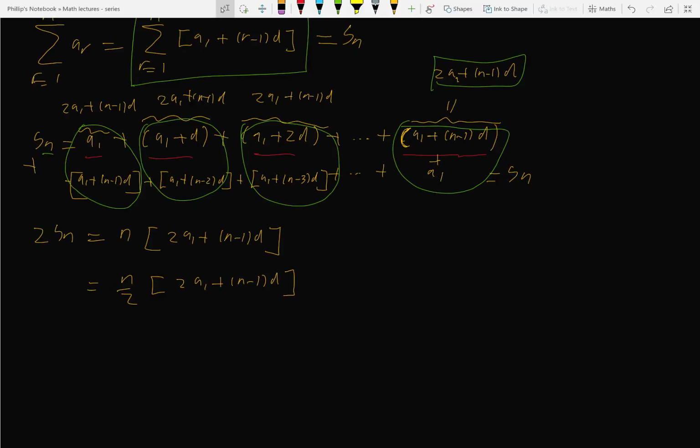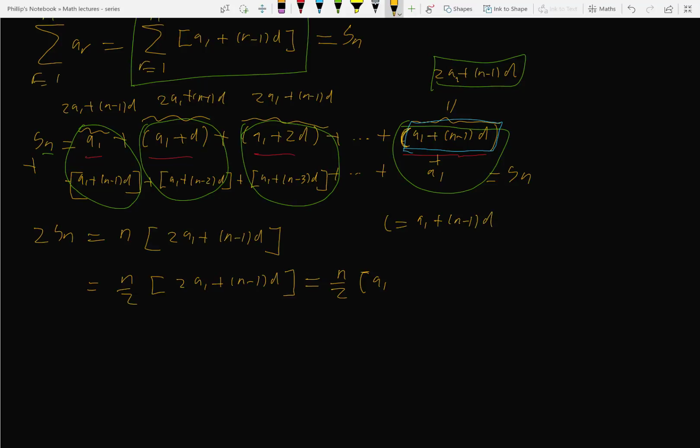Well, what's a1? a1 is the first term, so n over 2 times a1, the first term. And if a1 is the first term, what's the last term? So L, the last term, is, well, we already know the generalised formula of the last term, just this, in blue. So L is equal to a1 plus n minus 1d.